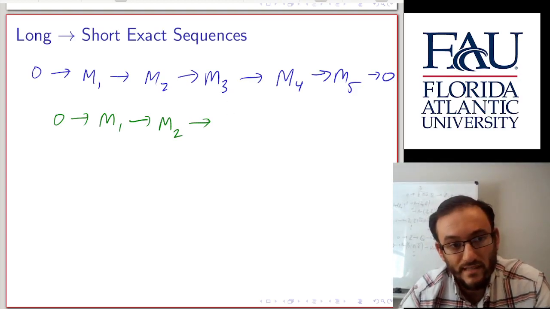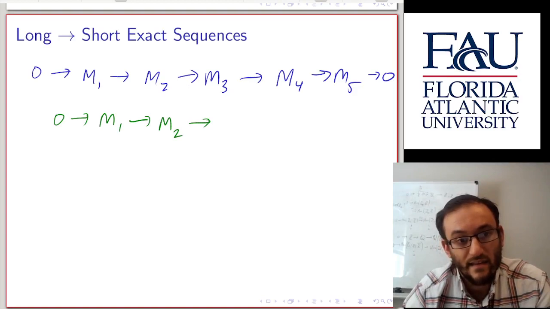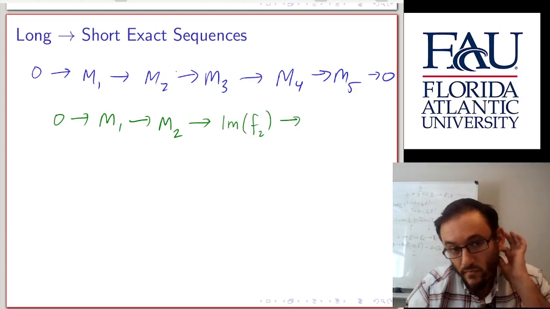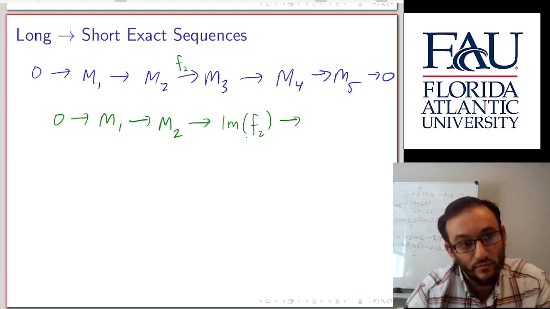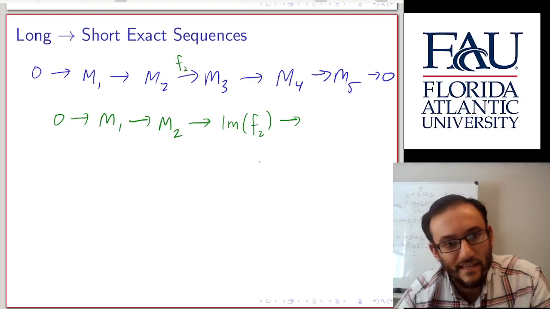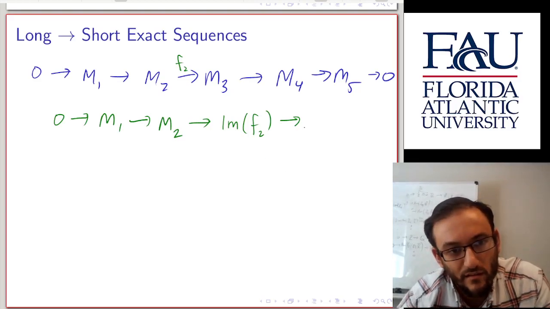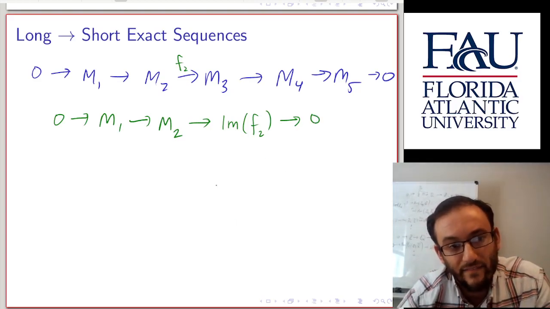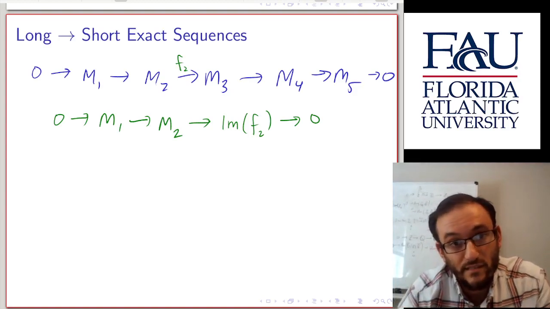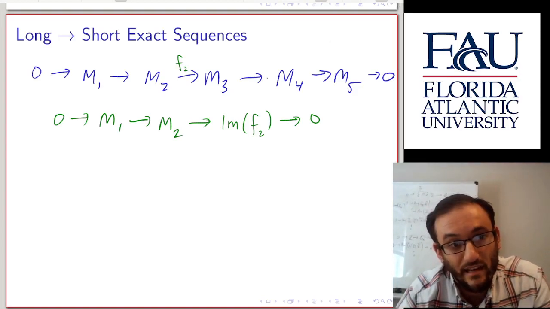So instead of M3, we'll take the image of F2. Okay, this is F2. I might have changed my indexing at some point, but you'll forgive me. And that, obviously, since it's surjective by definition, will map onto 0. And then you can keep breaking it down this way.